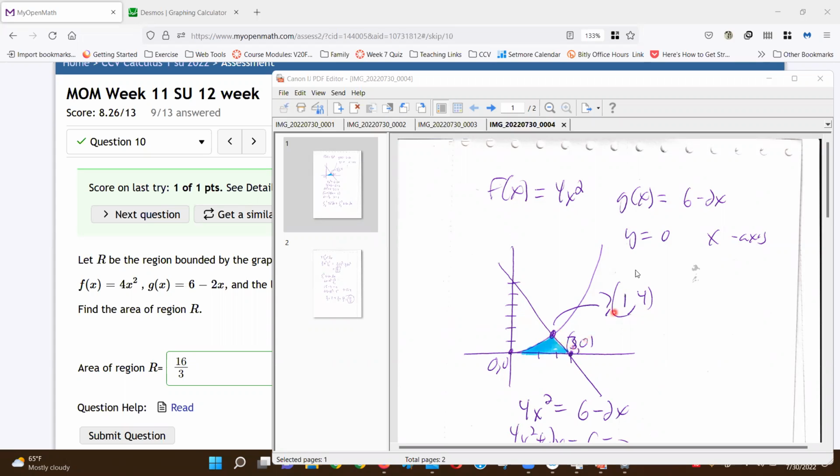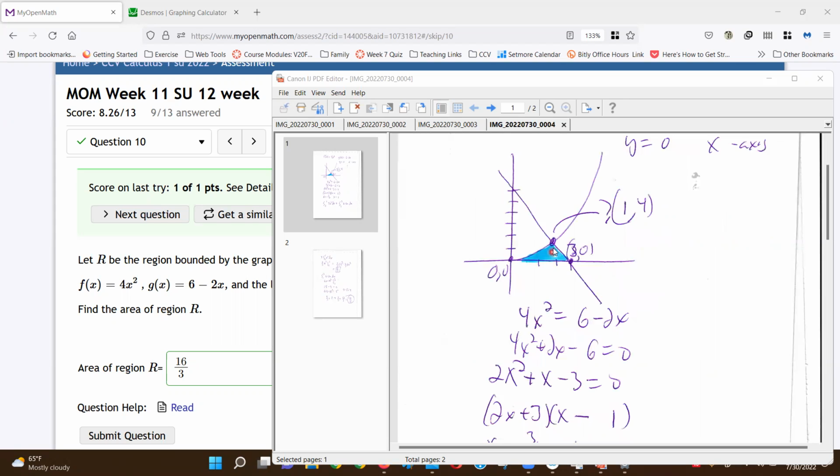Now, I knew 0, 0 was that left end, right? Because when x equals 0, y equals 0, and when y equals 0, x equals 3. So I knew that was the left end. But finding that intersection, and obviously my graph is wrong, I set those two functions equal, and I brought everything over to one side because it's a quadratic equation.